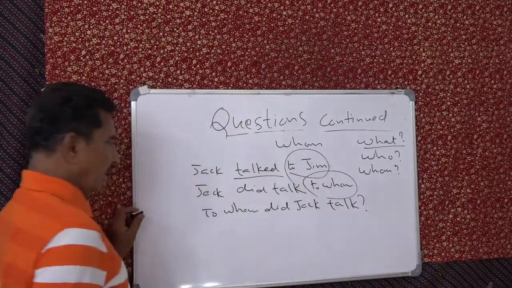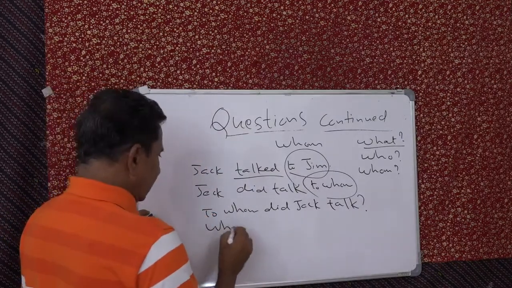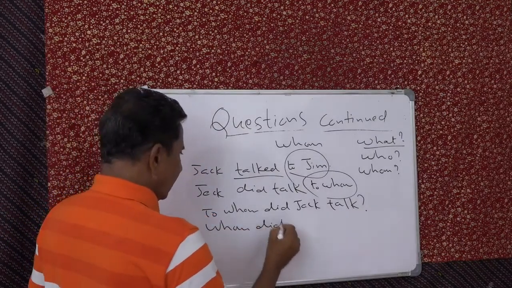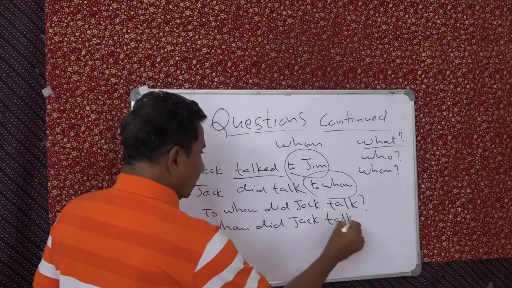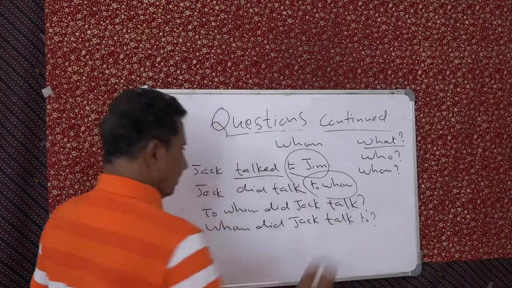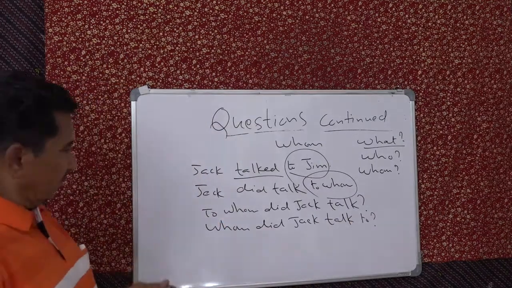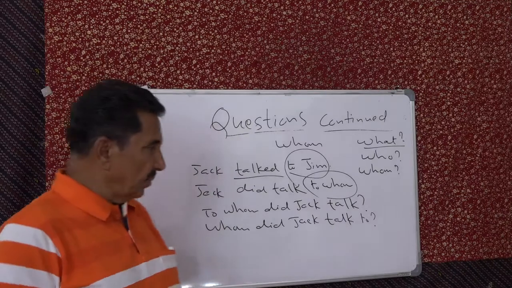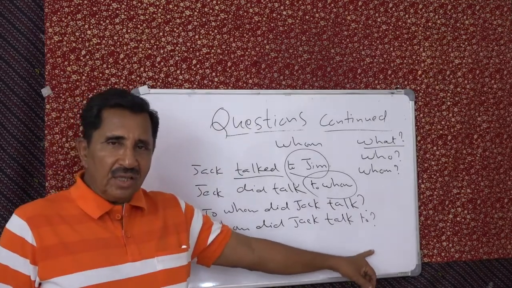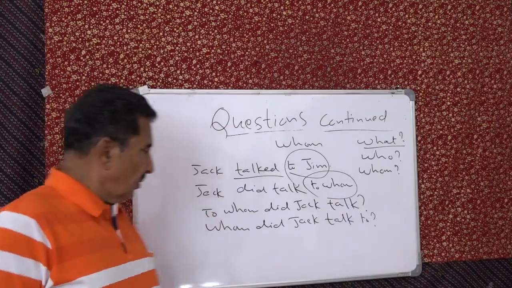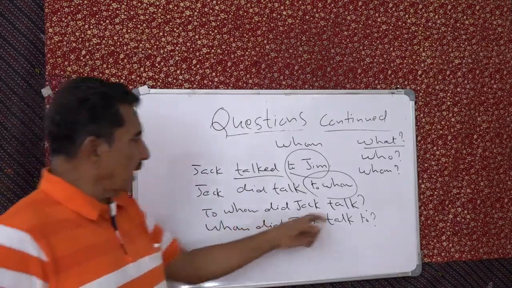Question word. Or whom did Jack talk? See, talk, not talked to. So both ways we can write, but this is perfect. At the end, preposition. Questions, preposition at the end. So, to whom did Jack talk?